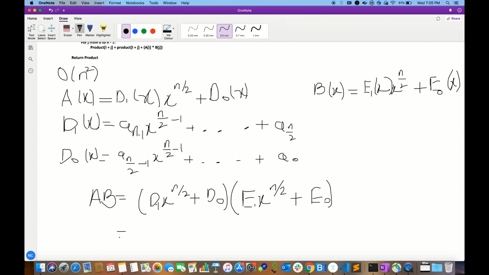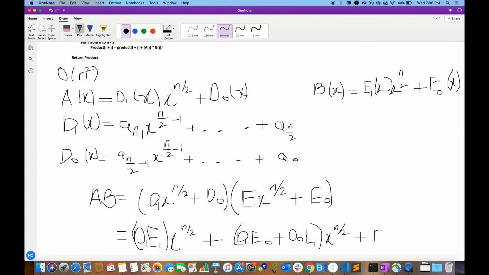So the resultant would be something like d1 e1 x to the power n by 2 plus d1 e naught plus d naught e1 x to the power n by 2 plus d naught e naught.